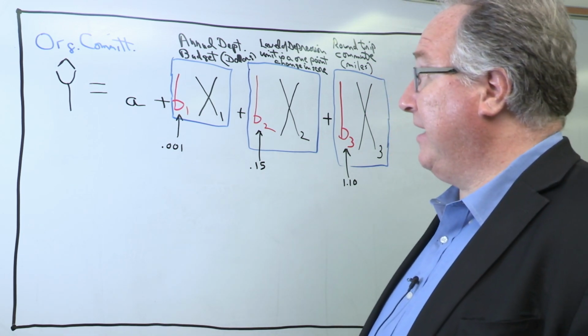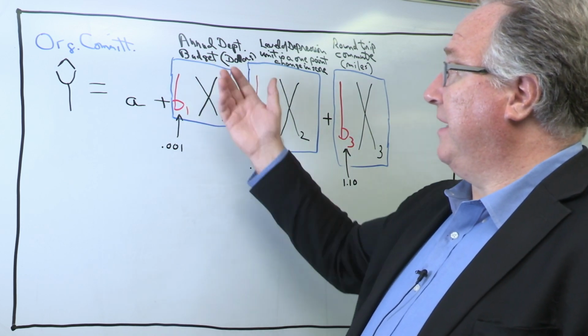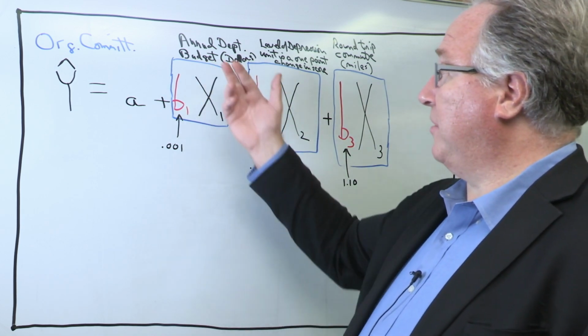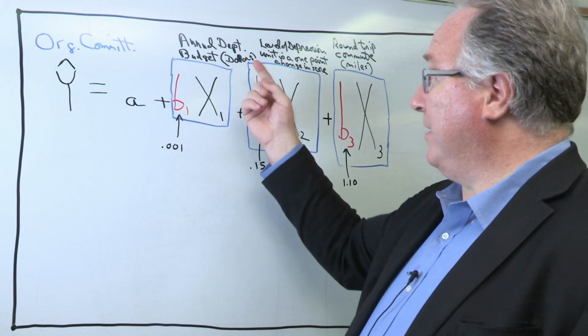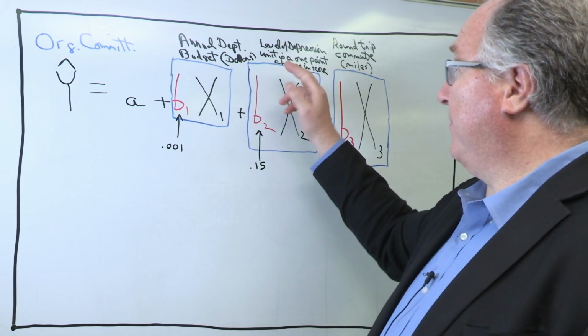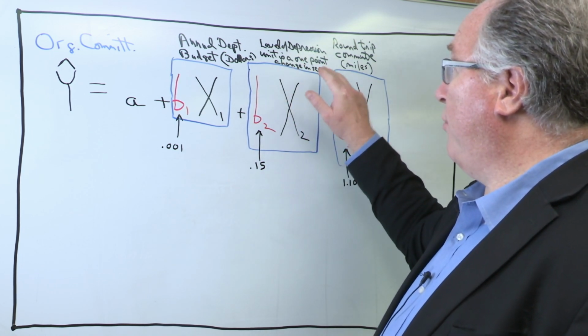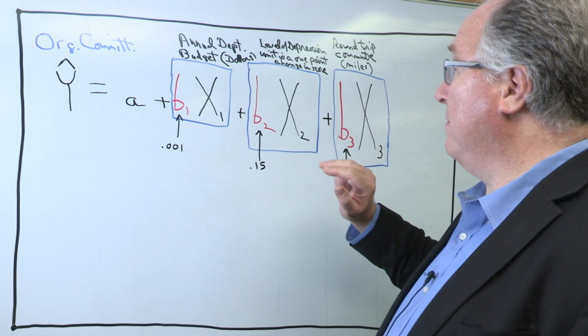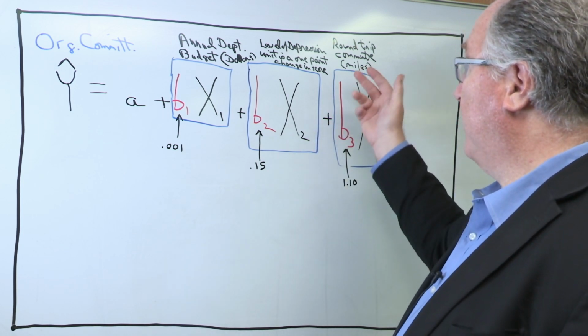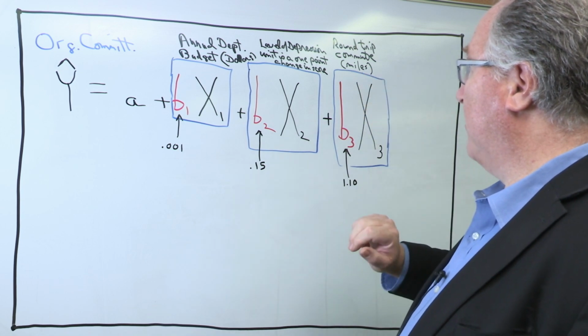But in reality, given the variables that we have up here, these predictor variables, so here our first predictor variable is annual department budget in dollars. That's our unit. And here we have a predictor variable level of depression, where a unit is a 1-point change in the score. And here we have a predictor variable round trip commute, measured in miles.